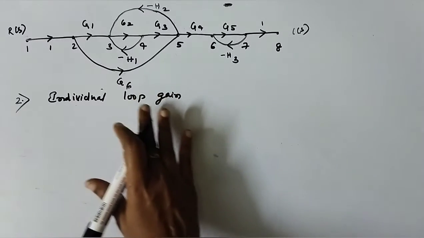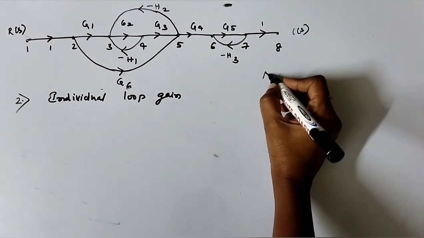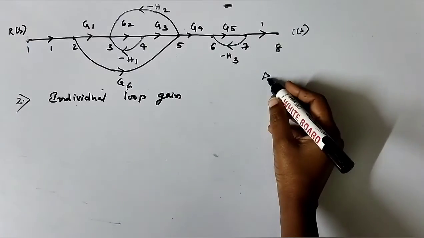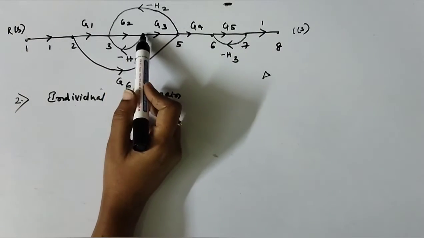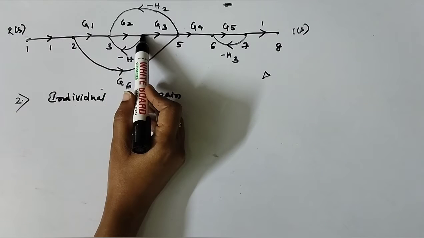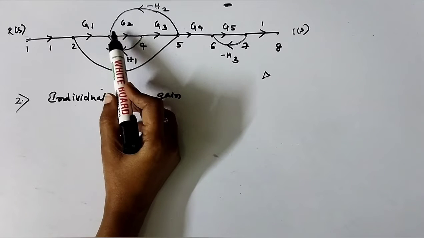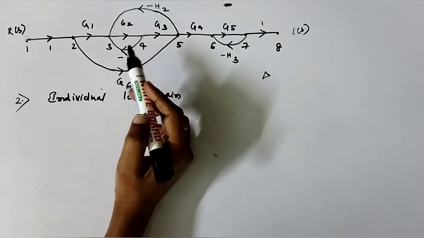Find out what are the individual loop gains, because you are supposed to find out delta. Here you can see that you have a loop from 3 to node 4 crossing only once, again ending up at 3. This is one individual loop.